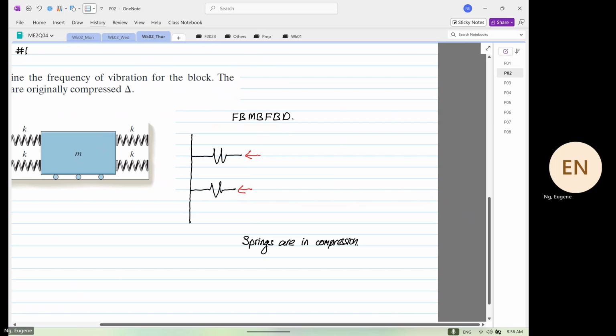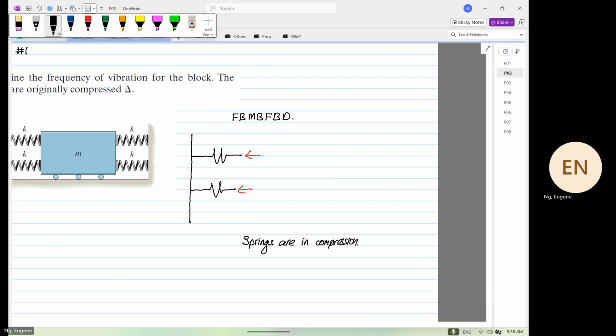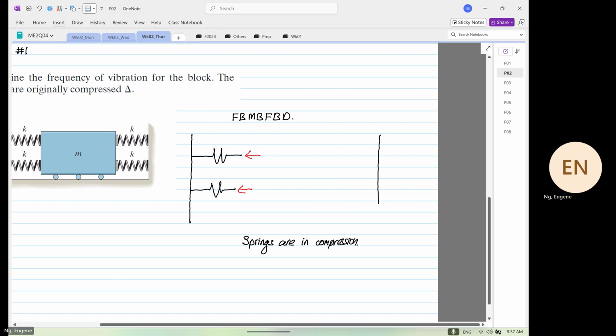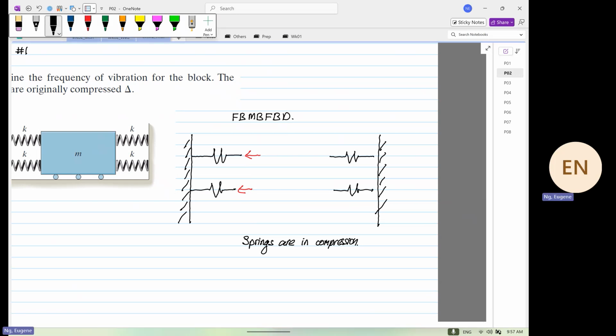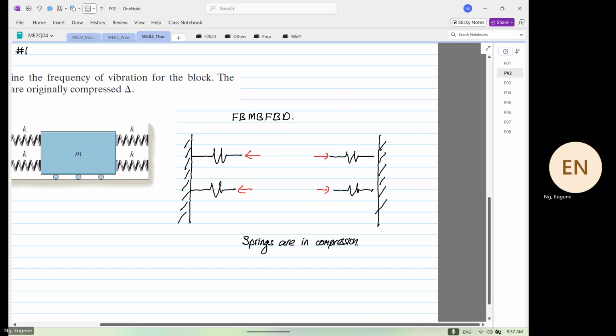And then on the other side, the springs are also in compression. Okay, you can see that. So you push it in, then the springs are in compression.